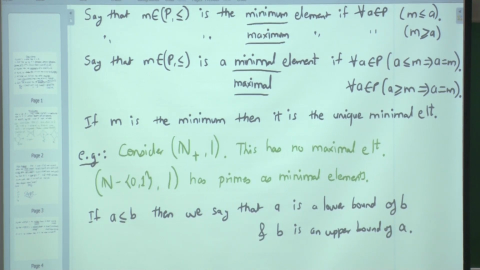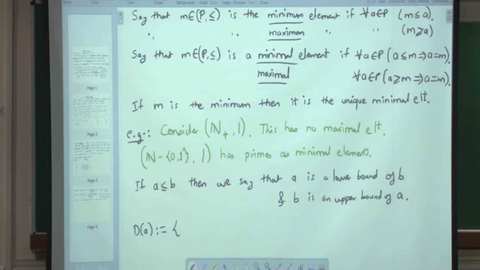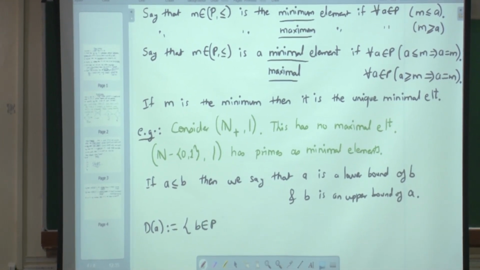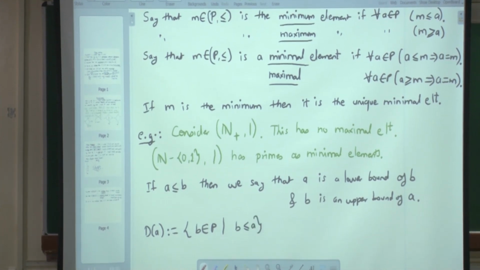Simple. Then define the downset of A to be all those B's in P such that B is less equal A. Anything hard about this? And what will be the upset of A? The collection of all upper bounds, which means all those B's in P such that A is less equal B.